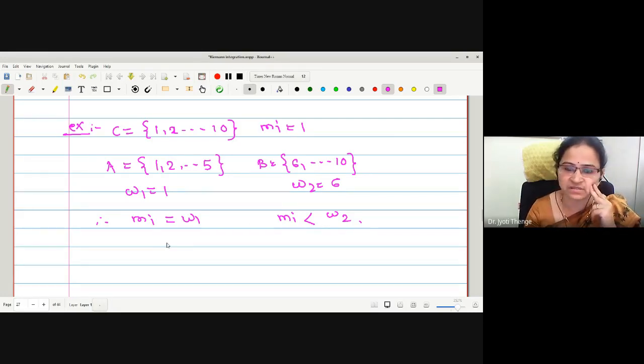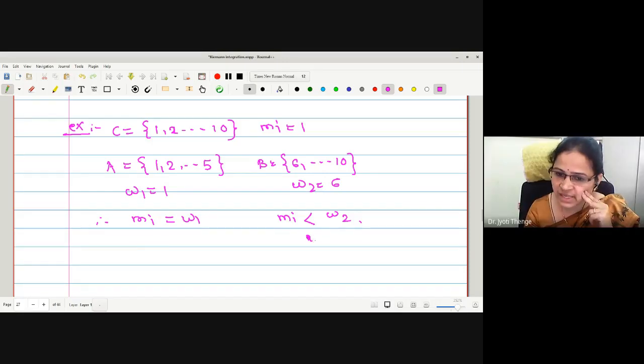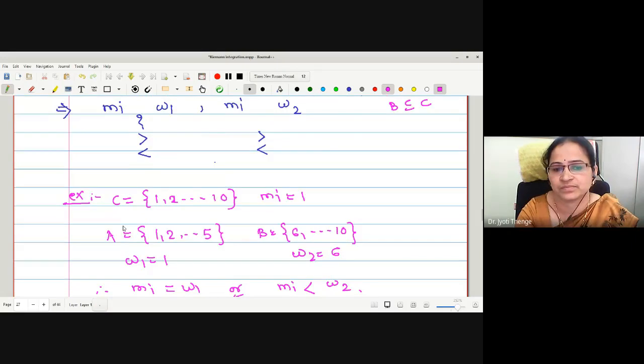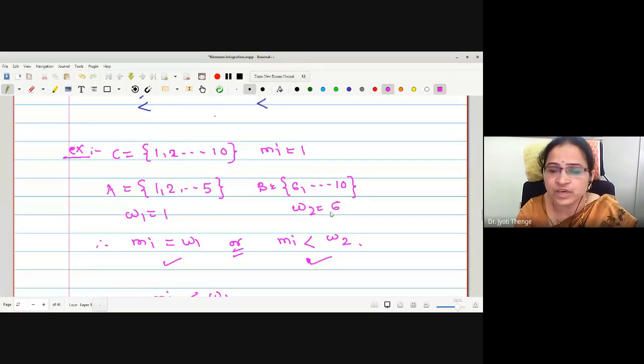Both are subsets. Therefore, what are the two possibilities we have obtained? Less than and equal to. Therefore, combining both, may I write Mi is less than or equal to W1? It depends on your set. If you are getting confused with symbol B and B, this is the set. Therefore, let me write W1 here. B is also a subset of C, na?